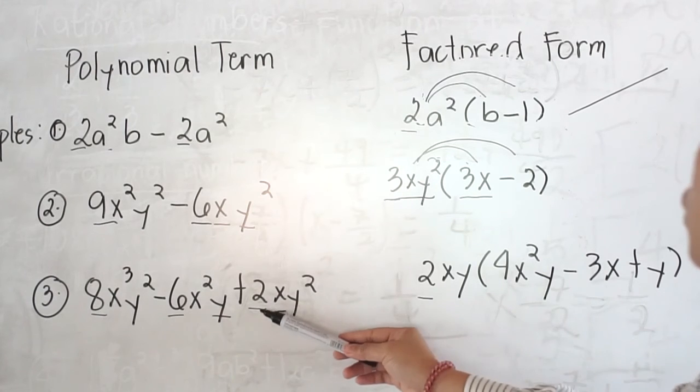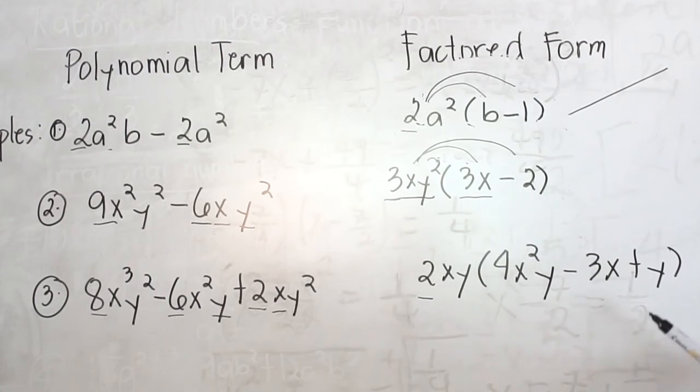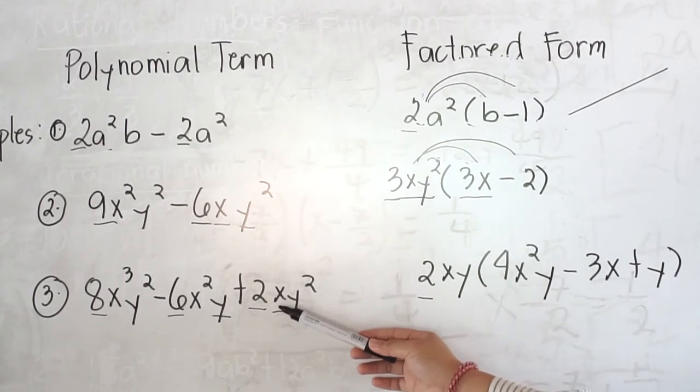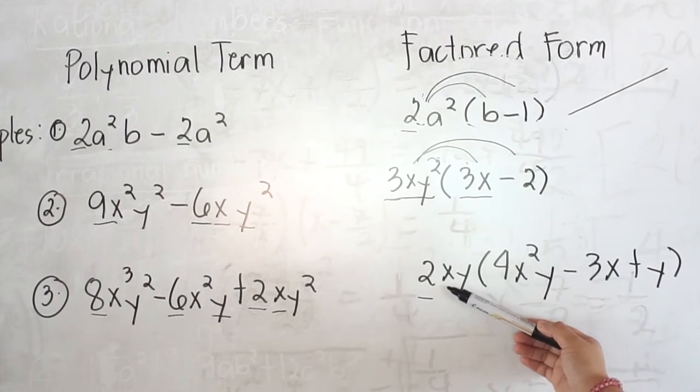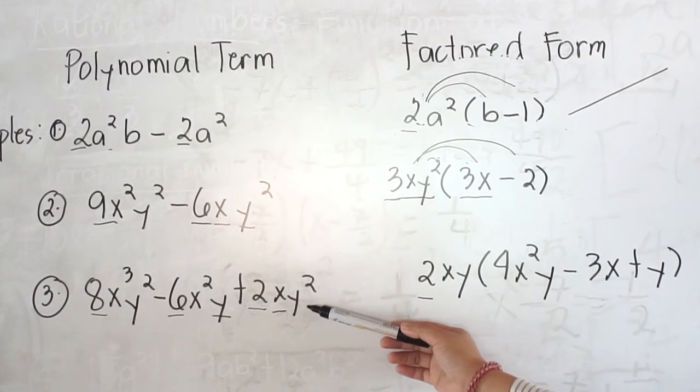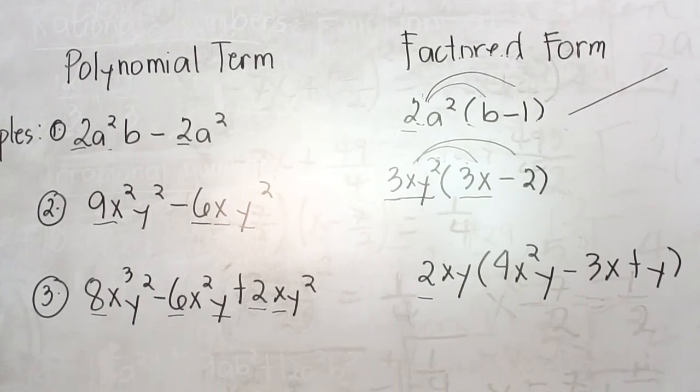And then 2 divided by 2 is 1, and x divided by x is gone, and y squared divided by y leaves y. So the only variable in our third term is y. Our final answer here is 2xy times the quantity 4x squared y minus 3xy plus y.